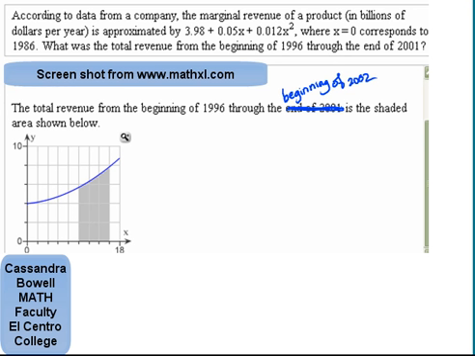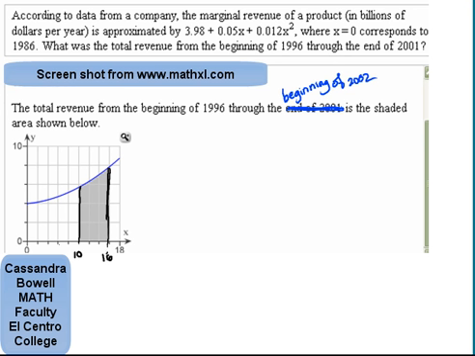1996 is going to be 2, 4, 6, 8, 10. That's an x value of 10. Then 12, 14, 16 is the beginning of 2002. So the area you want to find is between 10 and 16.